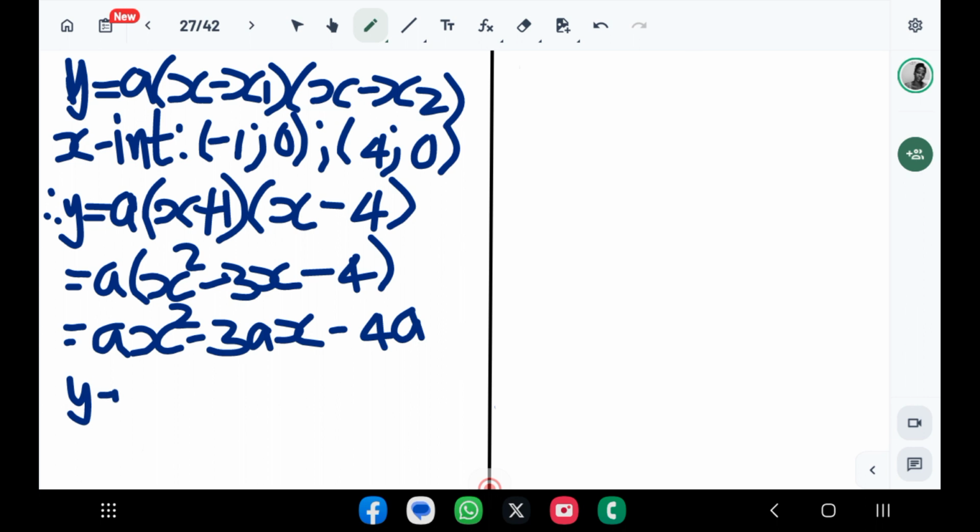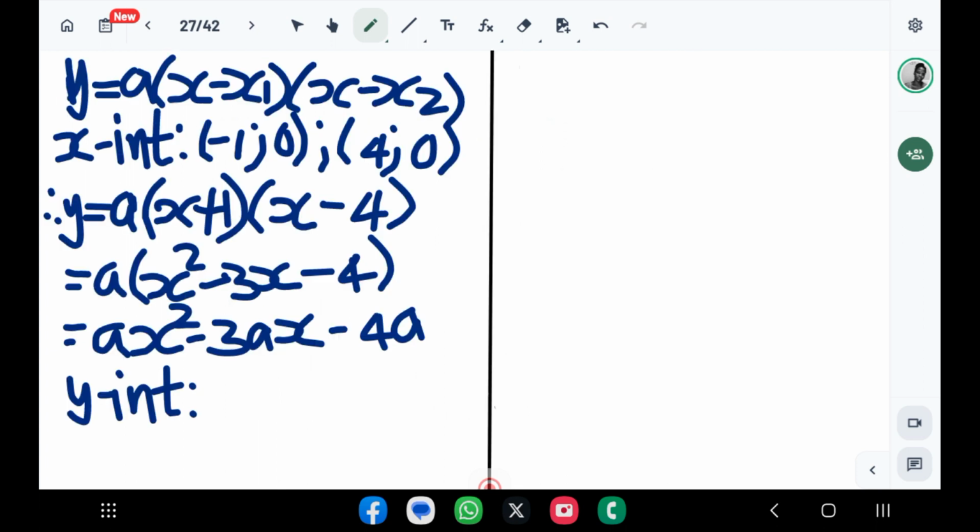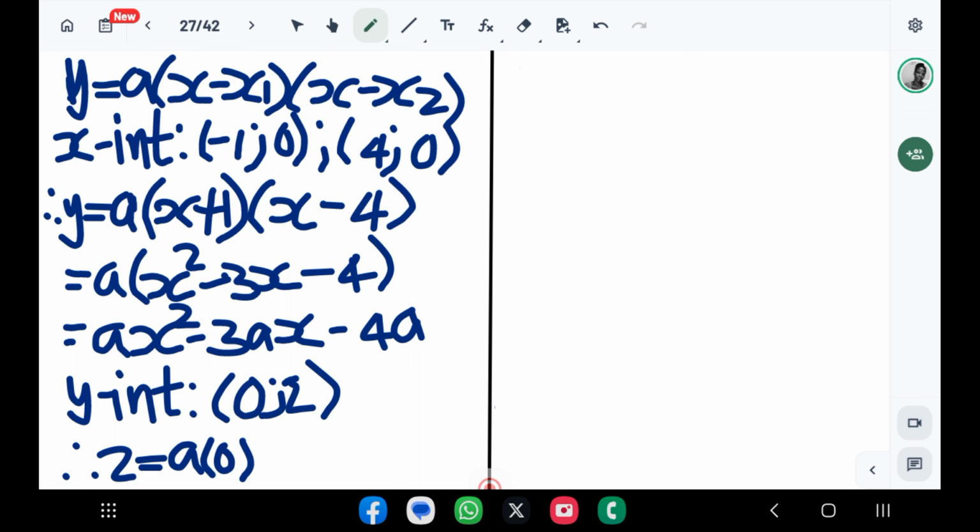The y-intercept given to us is 0, 2. We substitute that into the equation. How do we substitute that into the equation? The y-coordinate is 2 equals, and the x-coordinate is 0. a 0 squared minus 3a 0 minus 4a.